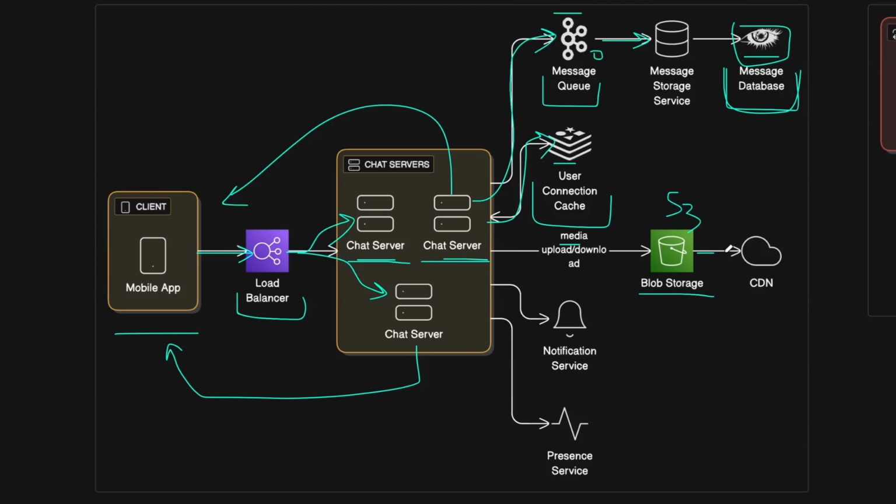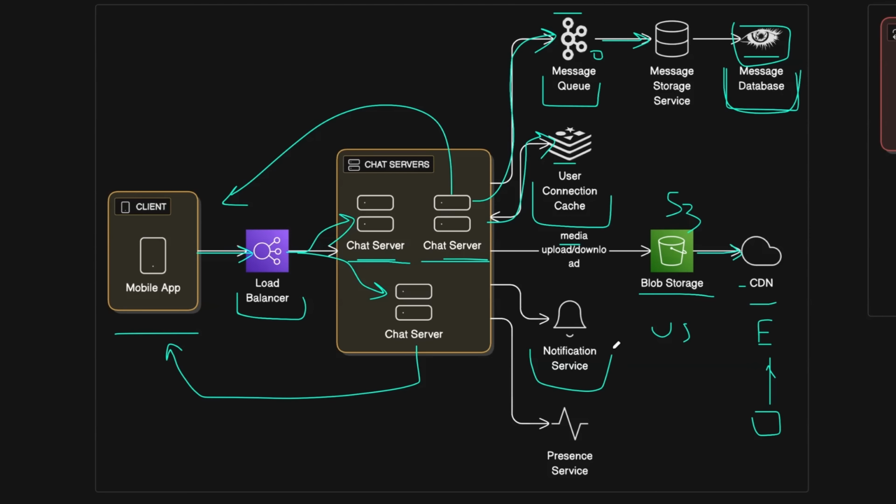But then we will also distribute this to a CDN network, which will cache the popular files at edge locations worldwide, so that downloads are fast regardless of where the users are, because one user might be in the US and the second user might be in Europe. In this case, you will have the same copy of the file in the Europe region as well, and the Europe user will download it from the CDN, which is closer to his location.